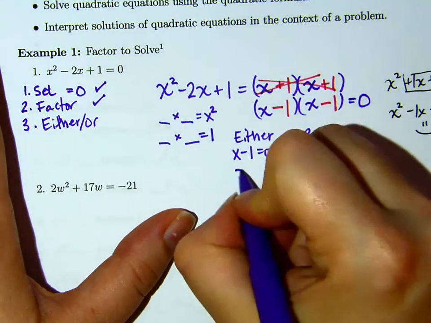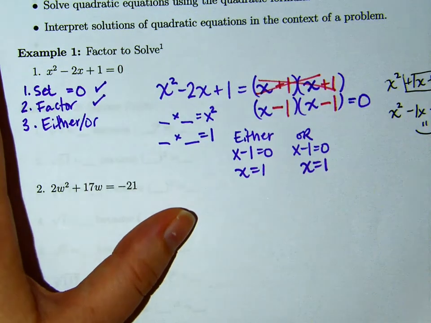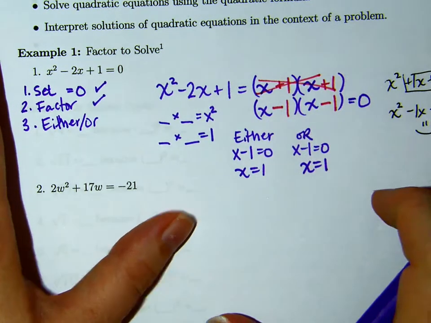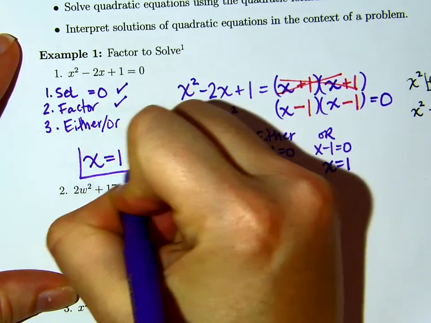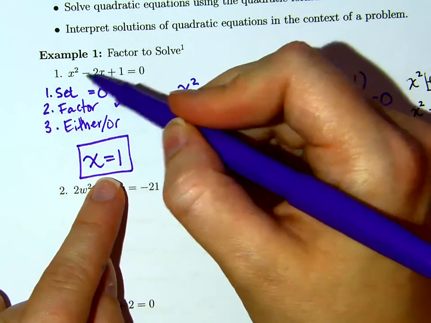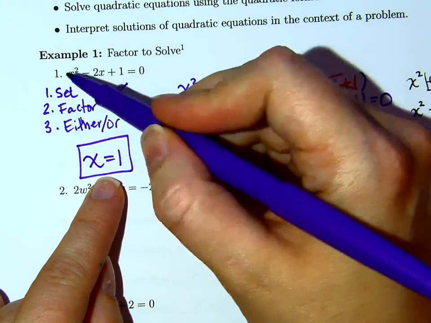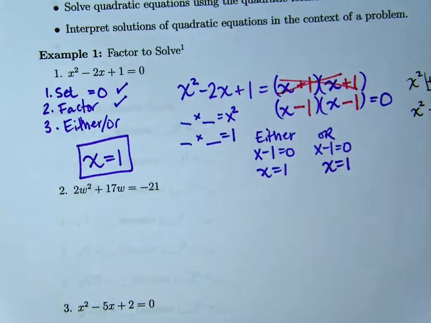In this case, x equals 1. In that case, x equals 1. So our solution is then x equals 1. And if we look at this, 1 squared is 1, minus 2 by 1 is minus 2. So 1 minus 2 plus 1, 0.